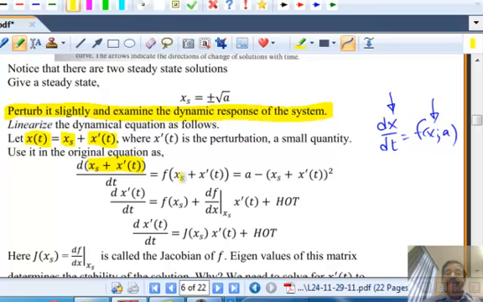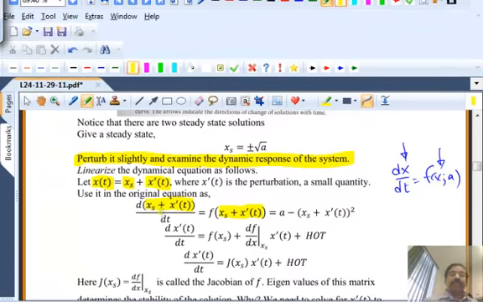And for the function f of x, I also write xs plus x prime. Now what is the derivative of xs with respect to t? It is 0, because xs is a steady state, it's a constant, right? So on the left hand side I get only dx prime over dt, because the derivative of xs with respect to time is 0.